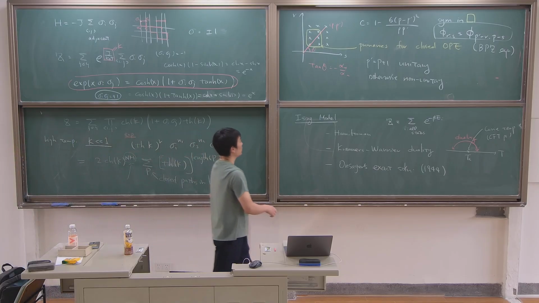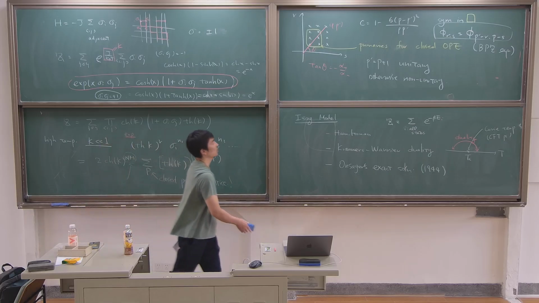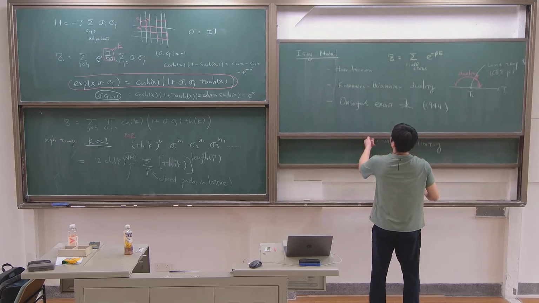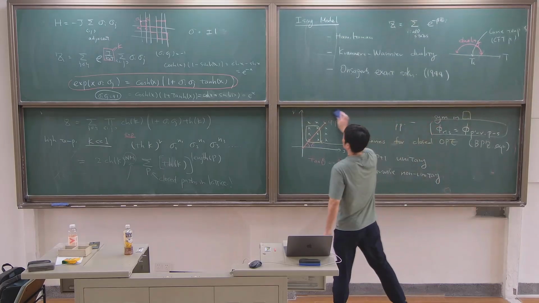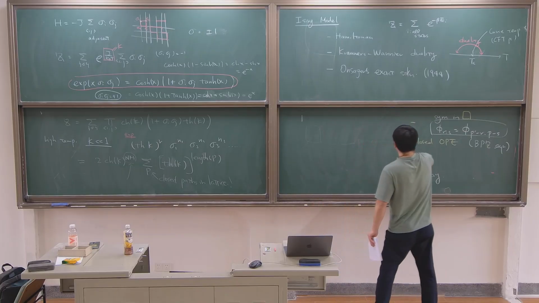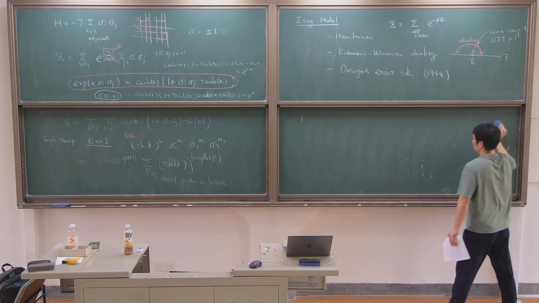Now, the low temperature regime, what's going to happen is much simpler. So low temperature regime, we know that everything is almost aligned.